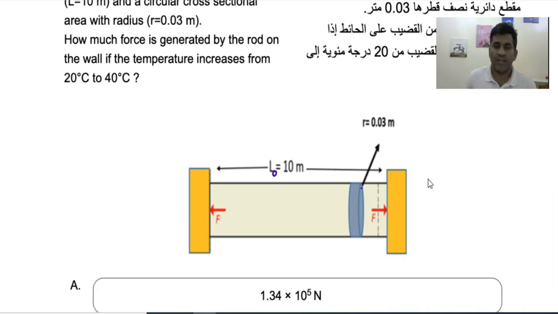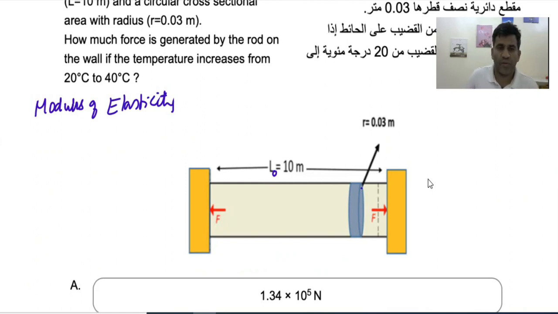To calculate this, we need to go with one expression called the modulus of elasticity. There is a formula to calculate that. Elasticity is basically the tensile stress over the tensile strain exerted by the rod on the surrounding material.